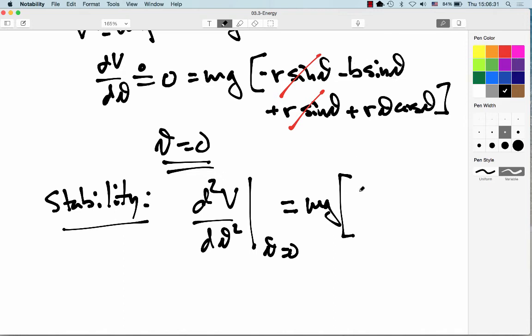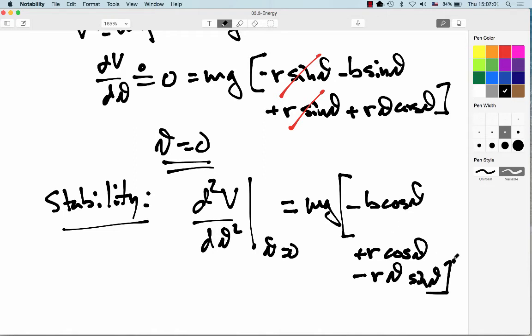So I will have a minus b cos theta from there. r is a constant, differentiate with respect to theta, gives me a plus r cos theta, and then differentiate with respect to theta over here is going to give me, derivative of cosine is minus sine, minus r theta sine theta.